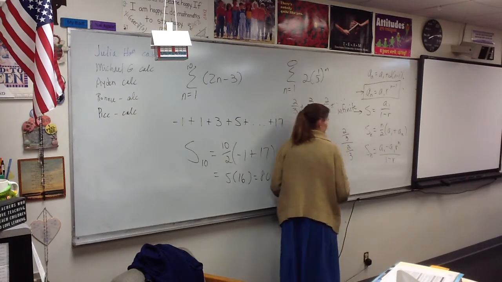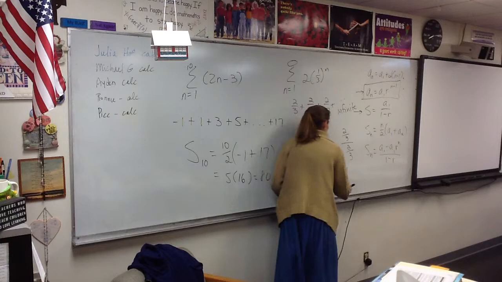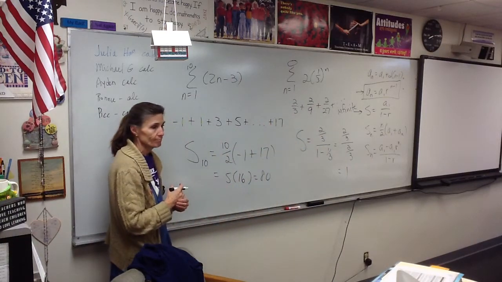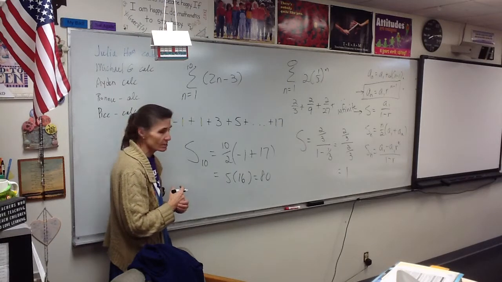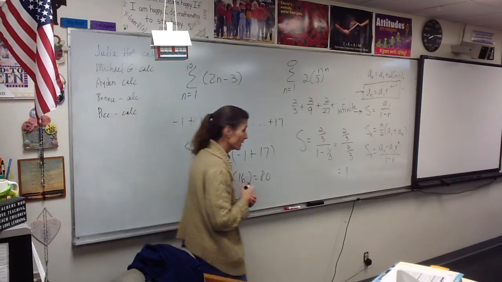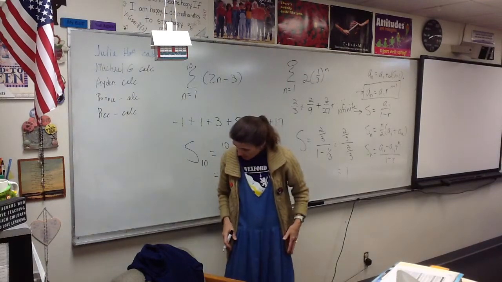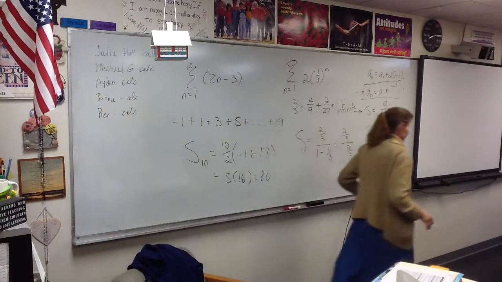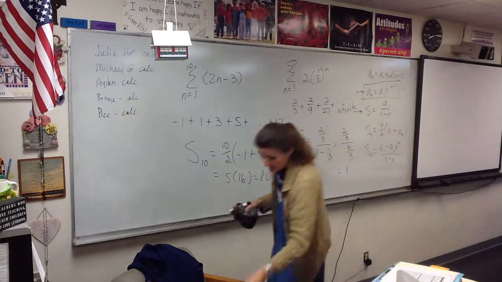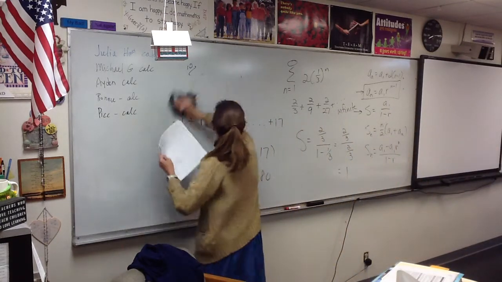What's this sum work out to be? 1. Amazing. They will not always all equal 1, no, but that's how they work. Okay, that's pretty neat. All right, next. We have one more sigma. Let's see if we can sort it out.